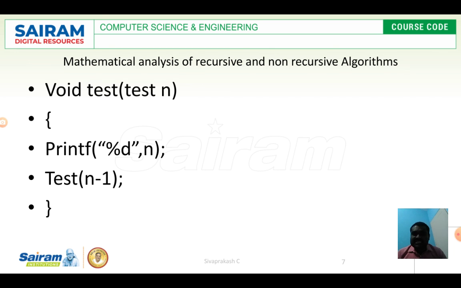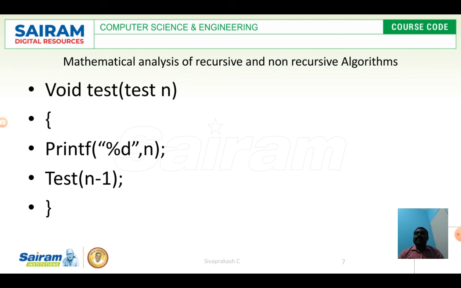Void test of n, followed by an open curly brace, printf %d comma n, and test of n minus 1. Now what will happen? Recursive means a function which calls the same function many number of times. Here the function name is test, which can be called more than one time, so this is called a recursive function. Now I am going to discuss how to find the recurrence relation for this.